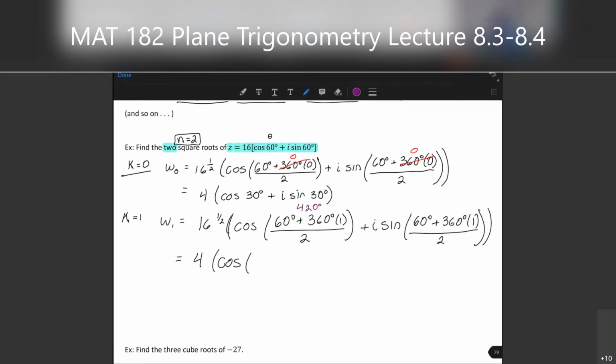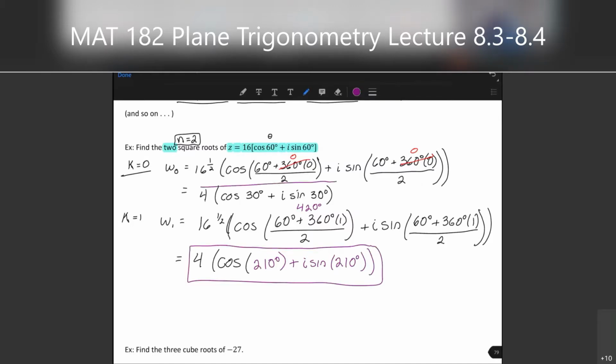So 420 divided by 2 is going to be 210. We'll have 210 for that angle, or the argument. So those will be our square roots right there. And that's going to be the final results for those.